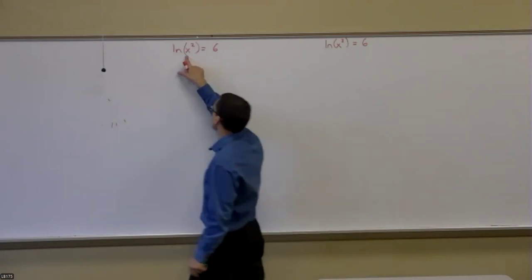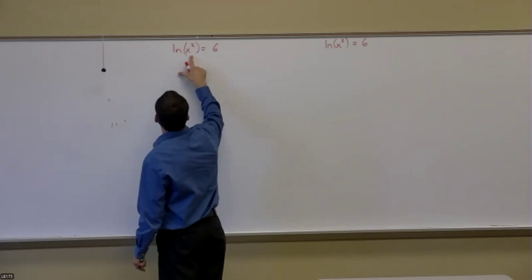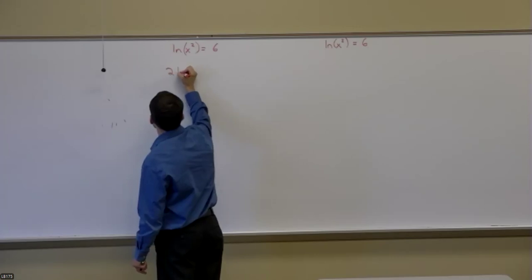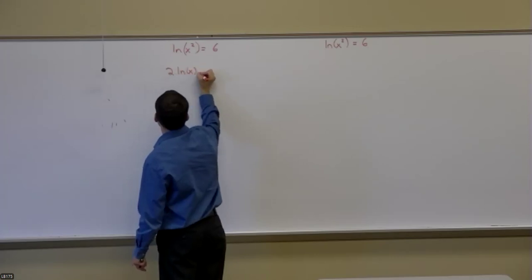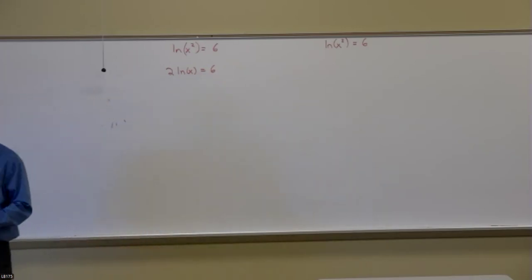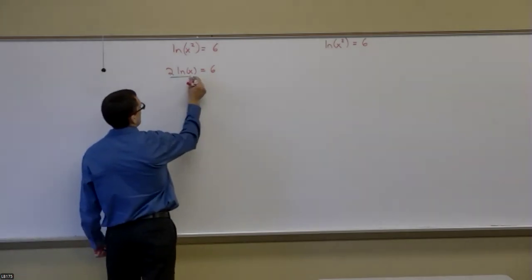All right, this one. Let's apply our power rule to this. So let's pull the two out front and say 2 times the natural log of x is equal to 6. And then divide both sides by 2.